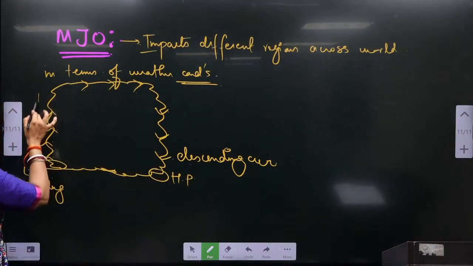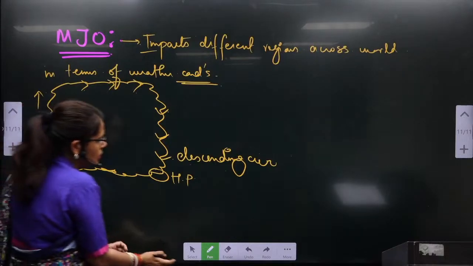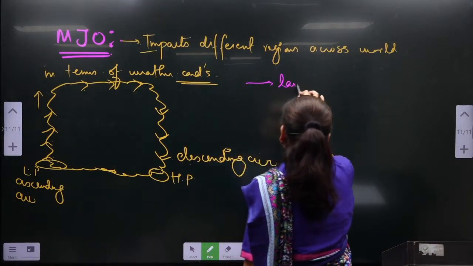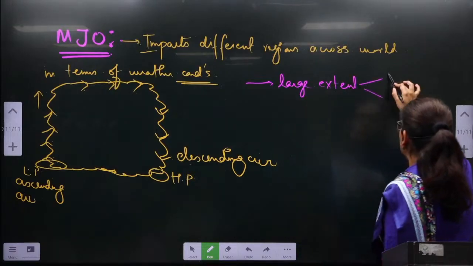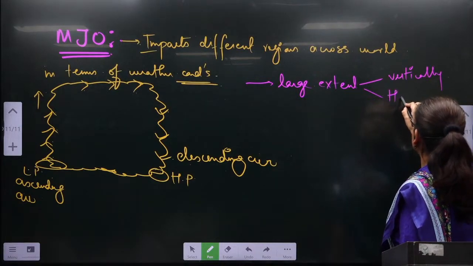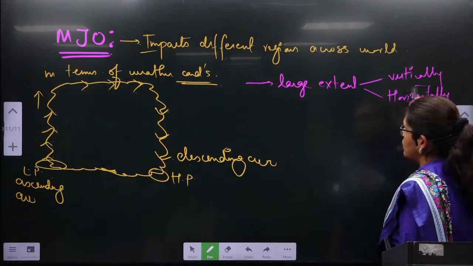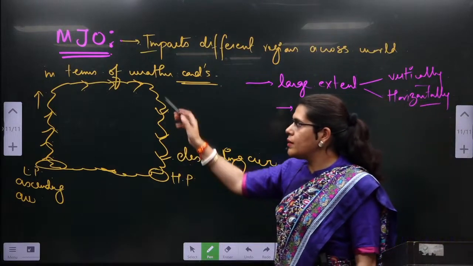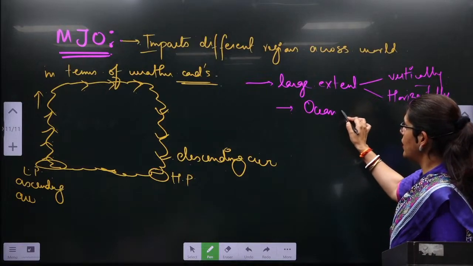But it is extending, okay, up to great heights. So the extent is very high, large extent, okay, vertically and horizontally. Now this oscillation system also develops as the ocean atmospheric coupled system. Okay, so this is also ocean atmospheric coupled system.